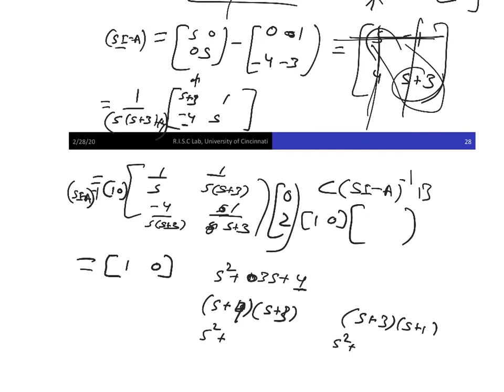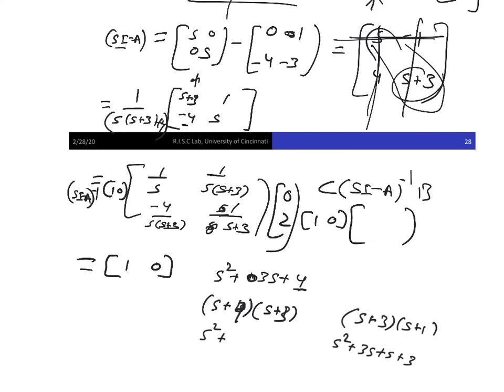S square plus 3S plus S plus 3. Nah. See? I have the answer in the next slide, but I wanted to find out.